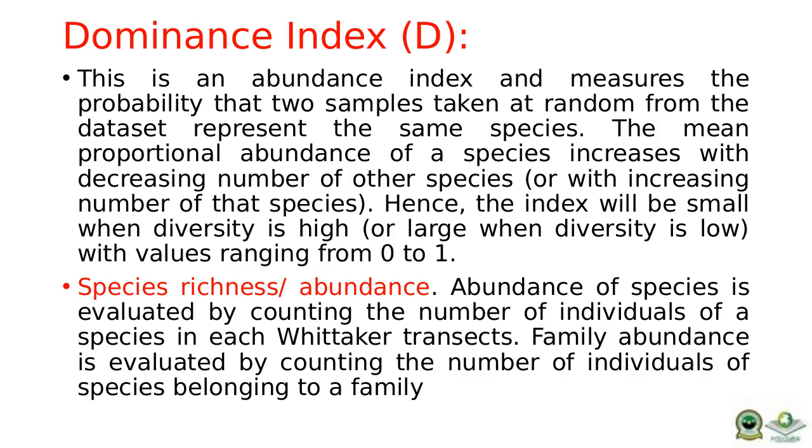Now, this dominance index is an abundance index that measures the probability that two samples taken at random from the data set represent the same species. You move into a community of plants, you randomly take two samples. At the end of the day, those samples belong to the same species.